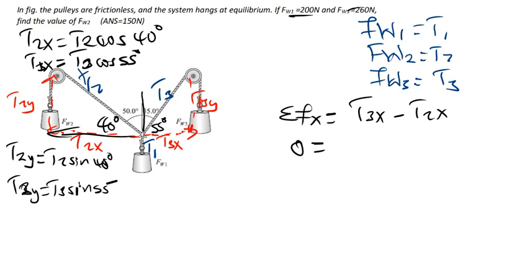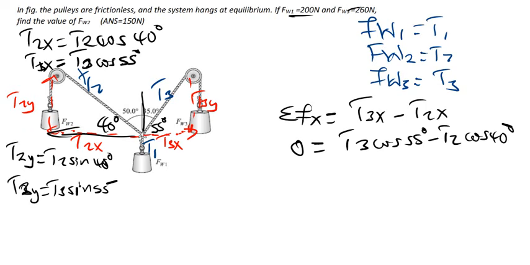Then T3x is T3 cos 55 degrees, minus T2x, which is T2 cos 40.